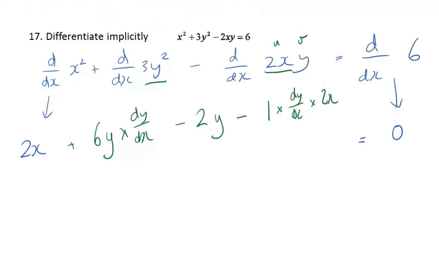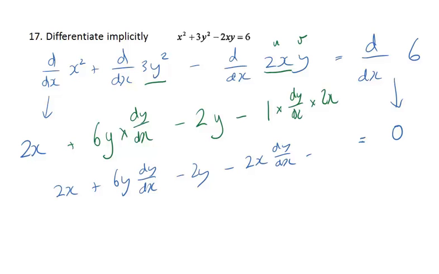So now if we put these together, we've got 2x plus 6y dy on dx minus 2y minus 2x dy on dx is equal to 0. That should be in there. So now we can put our terms together. We're going to put our dy on dx terms on this side.